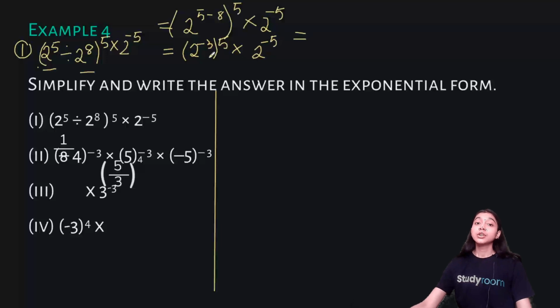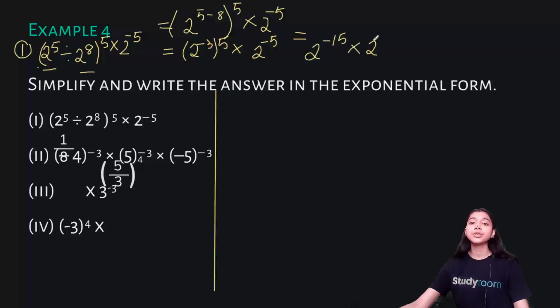Now 2 to the power of minus 3 whole to the power of 5. Powers of power. So minus 3 will be multiplied with 5 to give us minus 15. So the answer will be 2 to the power of minus 15 and then it will be multiplied with 2 to the power of minus 5. Now here we have to use the first law of exponent, that was when bases are same and they are multiplied, powers will be added.